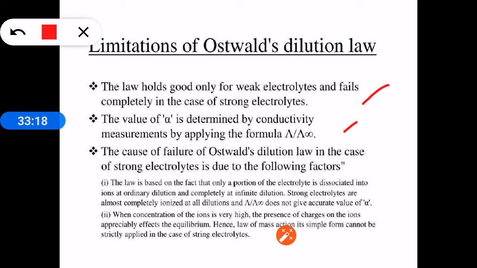So lambda V by lambda infinity does not give the value of alpha, because for strong electrolytes, all the molecules will undergo ionization at normal concentrations also. So there is no question of degree of dissociation for strong electrolytes, and this ratio lambda V by lambda infinity does not give the degree of dissociation for strong electrolytes.